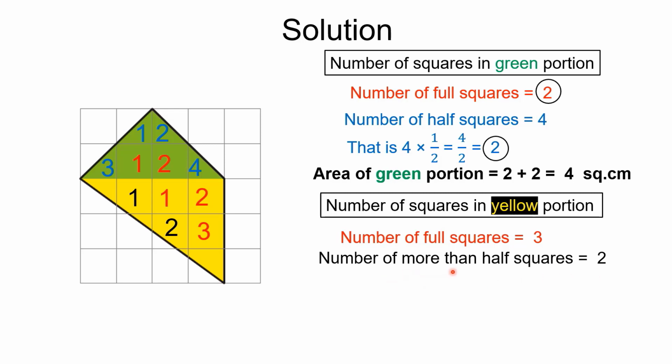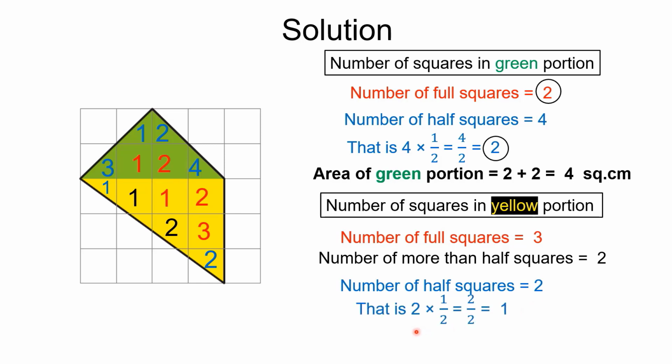So the number of more than half squares is 2, that is, the number of full squares is 2. Let us count the number of half squares. Number of half squares is 2. That is 2 multiplied by 1 by 2 equals 2 by 2, that equals 1.